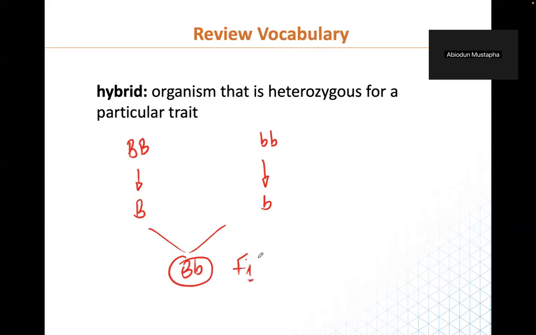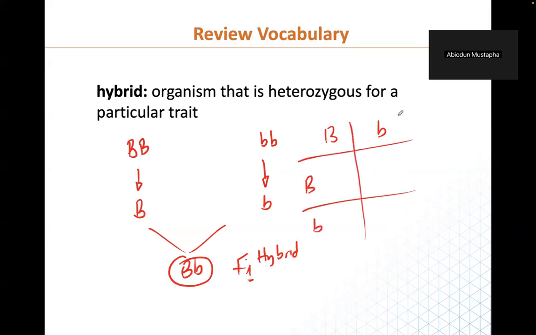This is going to be the F1 generation. If this is an F1 generation hybrid, you can decide to cross more times to get more hybrids from these heterozygous cats which you got. That would give you this, this, this, and this.